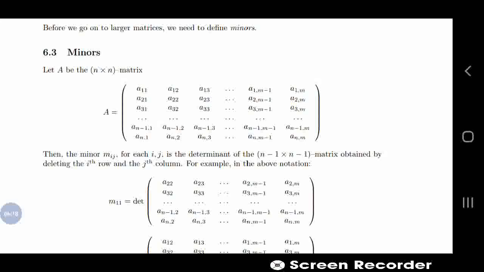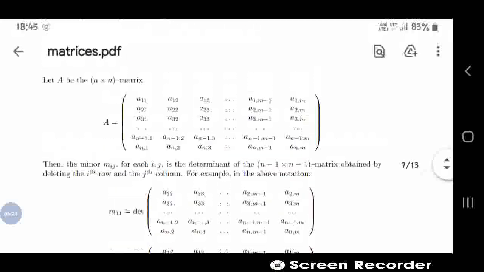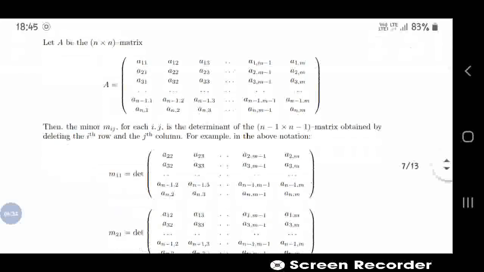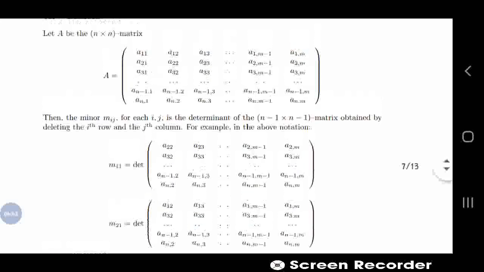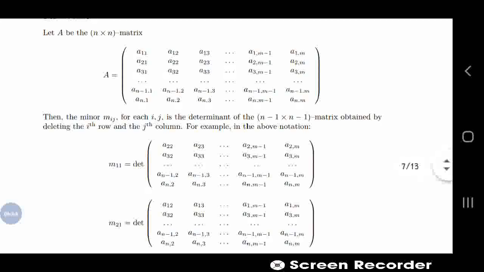And then the minor Mij for each i, j is the determinant of the n minus 1 by n minus 1 matrix obtained by deleting the ith row and the jth column. For example, let us take M11 is equal to the determinant of A22, A23, A32, A33. Here the first row has been removed, and one column has been removed.